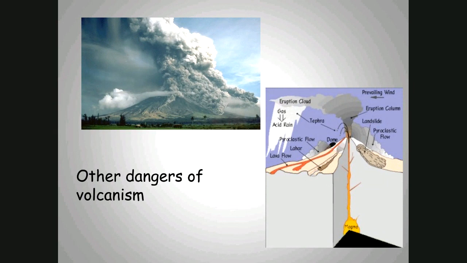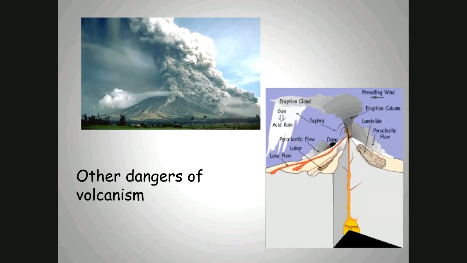For example, sometimes the eruption cloud, if it's a huge enough explosion, like Krakatoa in the 1880s, can send a gigantic cloud of smoke and dust and particulates into the atmosphere that can circle the Earth for months, even years, leading to a little cooling of the surface. That can be dangerous. And what about if that cloud has poisonous gases in it and produces acid rain? That's dangerous.